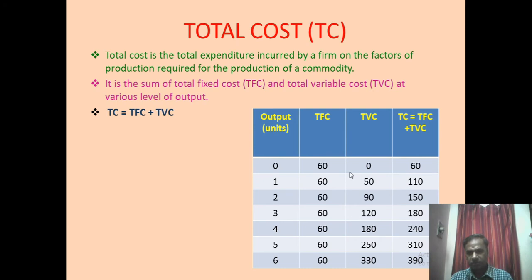Say for example, 60 plus 0, 60. 60 plus 50, 110. 60 plus 90, 150. Likewise, the TC is the sum of TFC and TVC. So the difference between TC and TVC is TFC, and the difference between TC and TFC is TVC, because the sum of TVC and TFC is equal to TC.